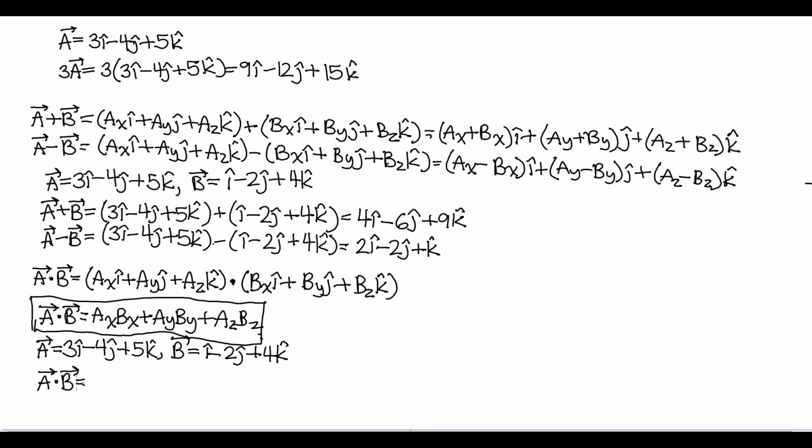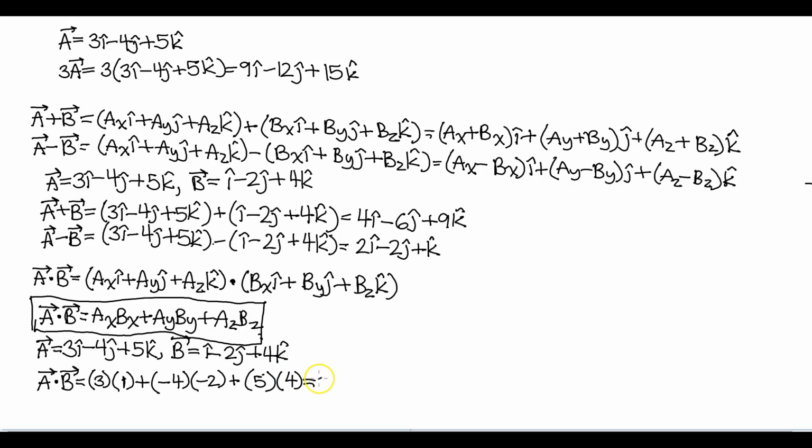So the x component of A times the x component of B plus the y component of A times the y component of B plus the z component of A times the z component of B. And what do we get as a result?